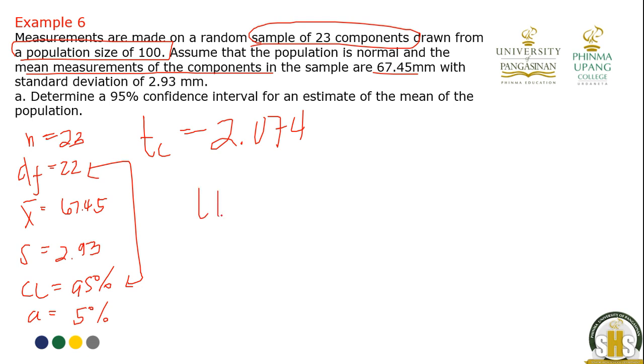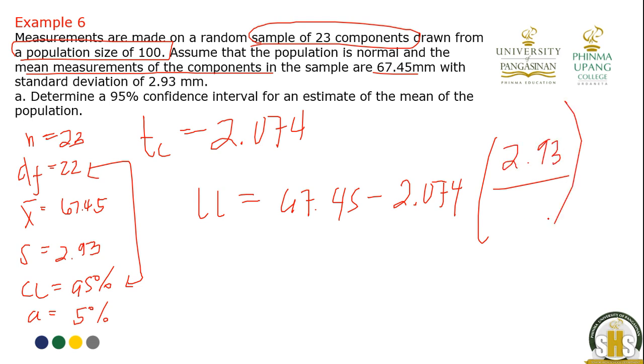The X bar for LL, that is 67.45 minus the critical value of T. Pwede na siyang tawagin T value. 2.074 multiplied by S is 2.93 square root of your N, which is 23.